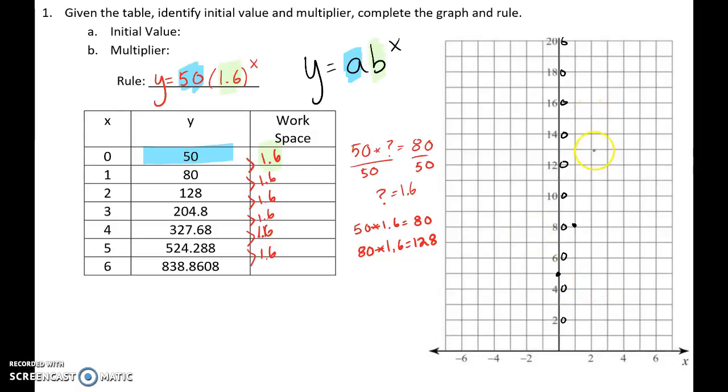To 128, it's about here. And pretty soon we are just about off the board. So the next one would be just up here. And we would connect these.